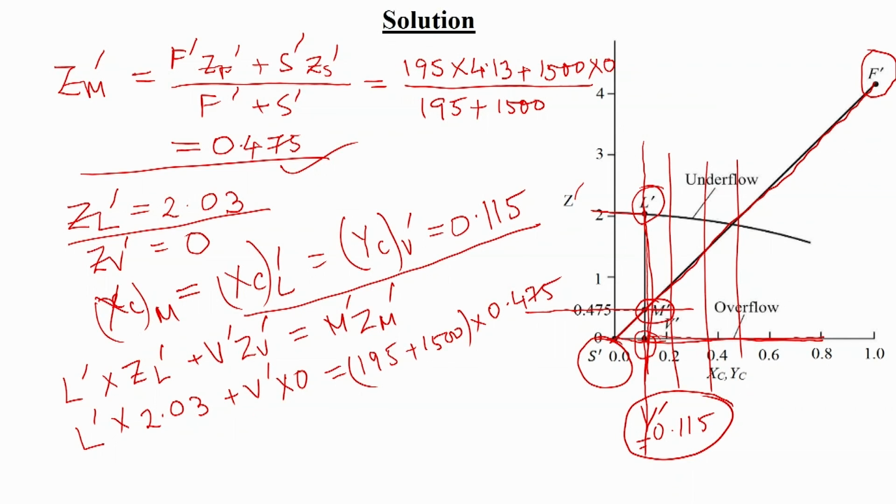and here also V prime is equal to 195 plus 1500, that is 1695 minus L prime. So, we can say L prime into 2.03 plus 1695 minus L prime into 0, actually it is coming out as 0.